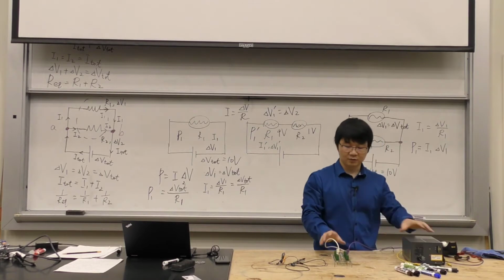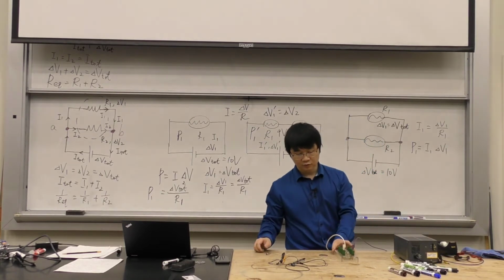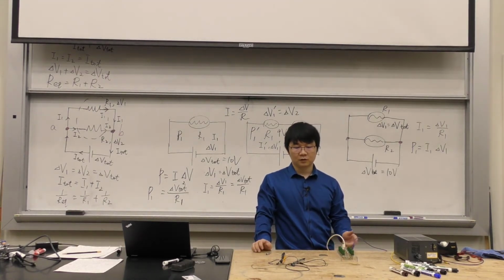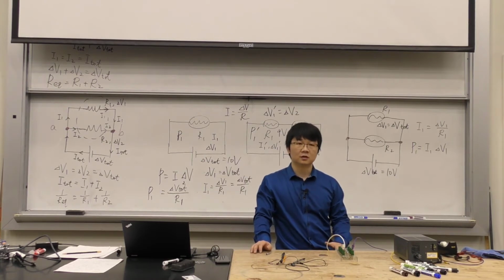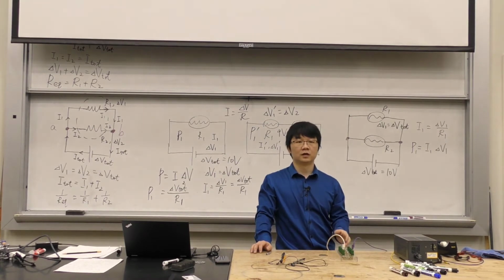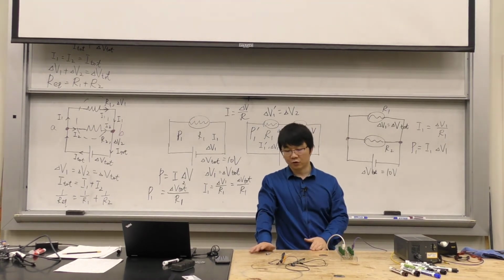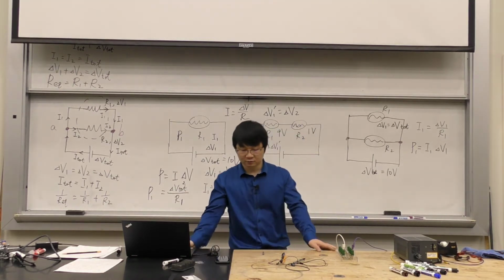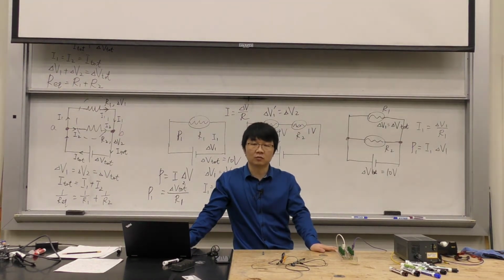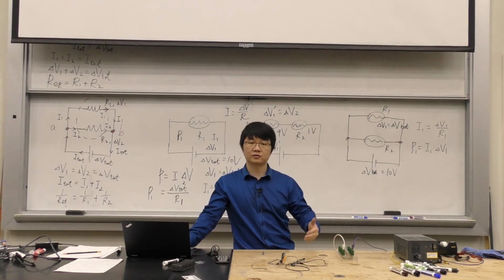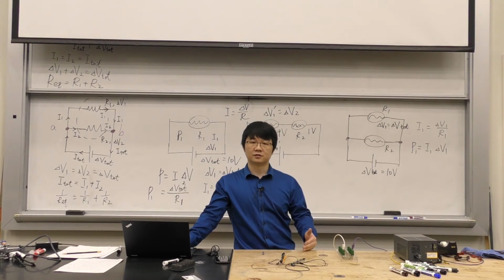If I connect one light bulb to this voltage source, and then compare it to a few light bulbs in series, the first light bulb is always going to get dimmer, because the other light bulbs take away some voltage. If I connect all of them in parallel, the brightness is not going to change. The other light bulbs you connected to the original circuit don't really affect the first light bulb.